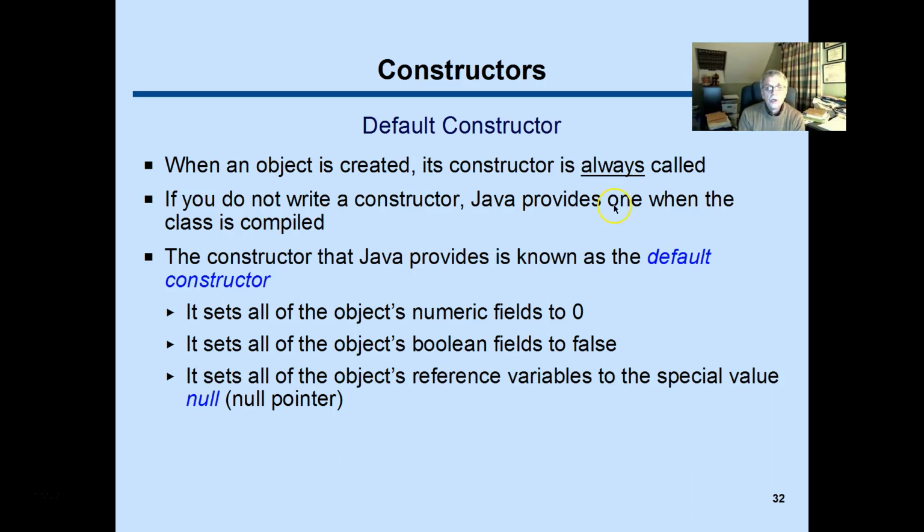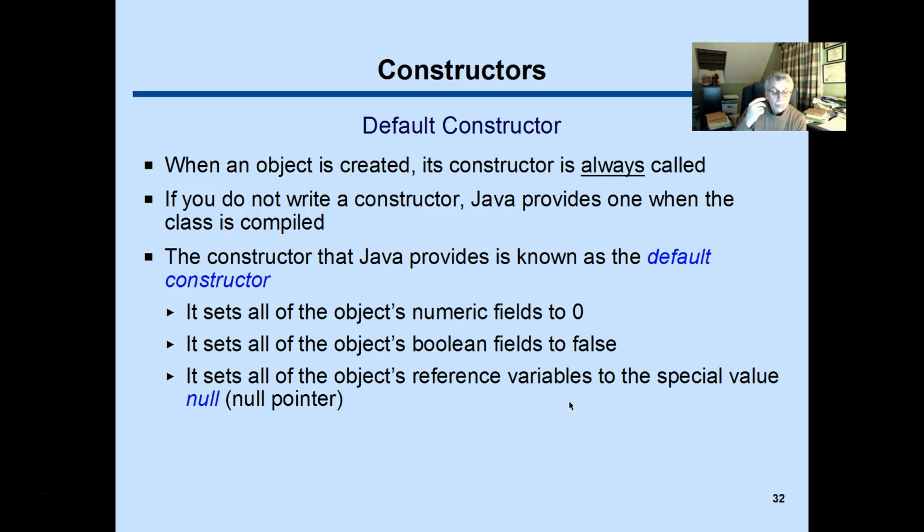Okay, so when an object is constructed, the constructor is always invoked. And if you don't write a constructor, we get one for free from Java, but it doesn't do much. That default constructor is also called the no-arg constructor. What it does is it sets the numeric fields to 0, it sets Boolean fields to false, standard initialization for the primitive types, and it sets object reference variables to the special value of null.